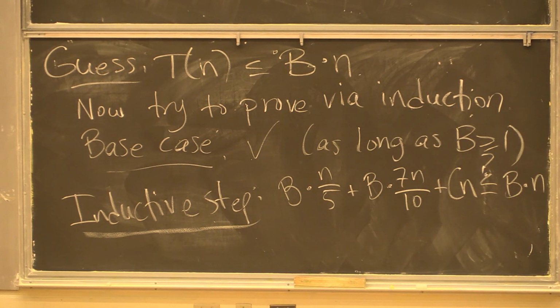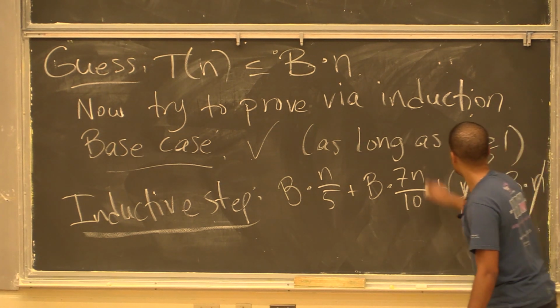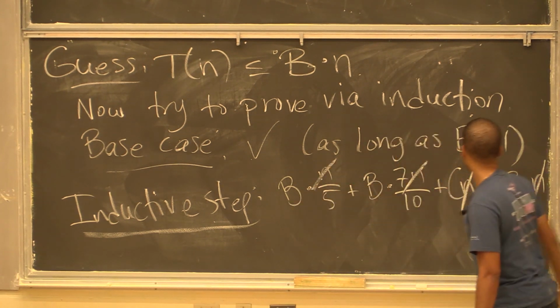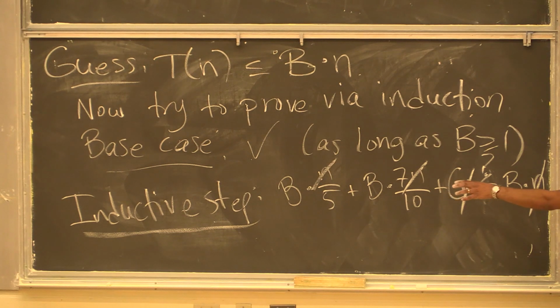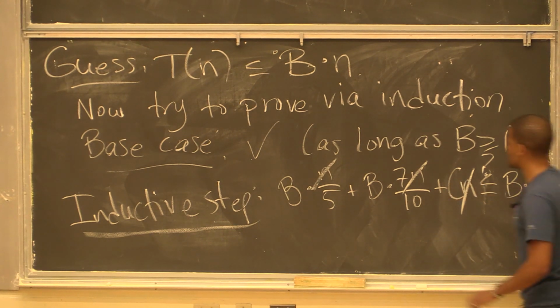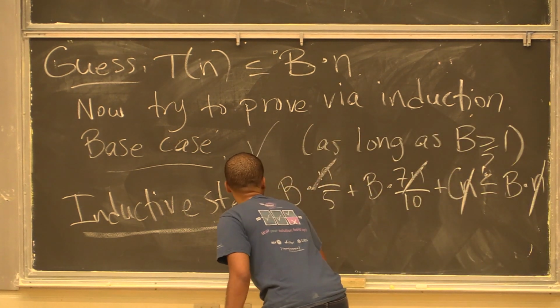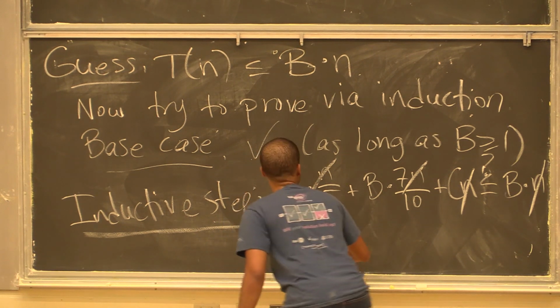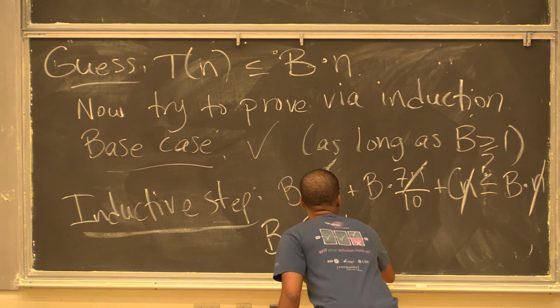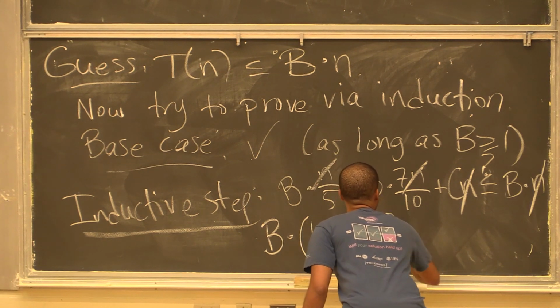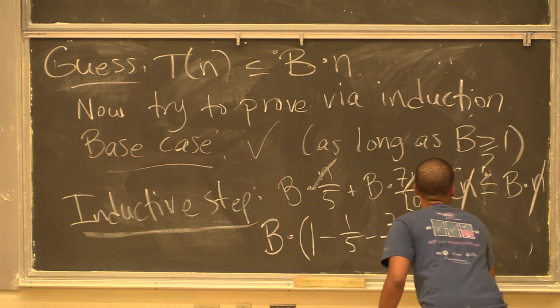Let's rearrange this. First of all, I can just get rid of all the n's. N's are everywhere. And let me subtract off the things that depend on b to here. So this is now, is it true that b times 1 minus 1/5 minus 7 over 10 is at least c?